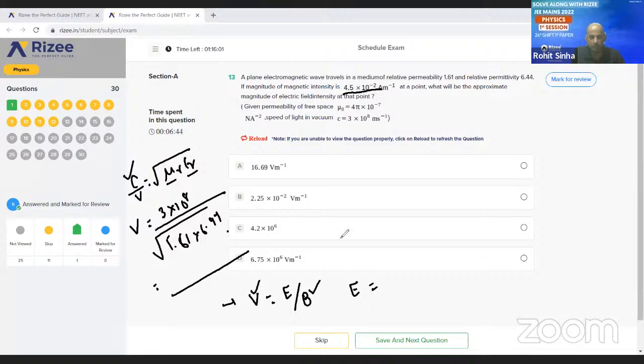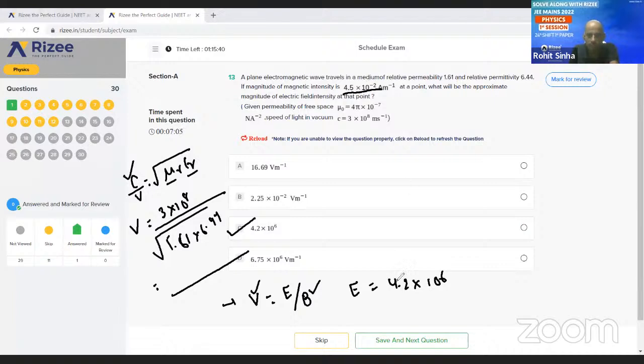I think the answer will be C, 4.2 into 10 to the power 6. Just go through it, put the values, you will get the solution. I don't want to waste your precious time. So solve it, and any problem we can discuss.